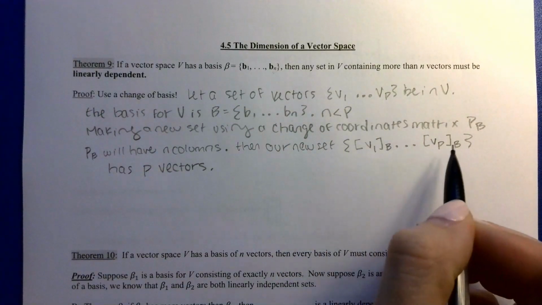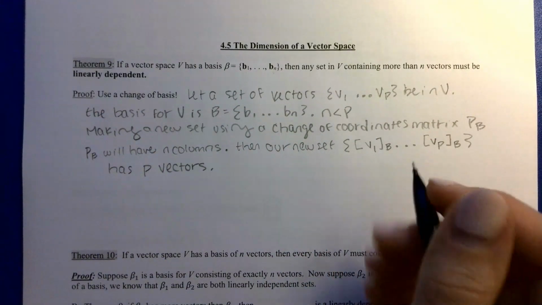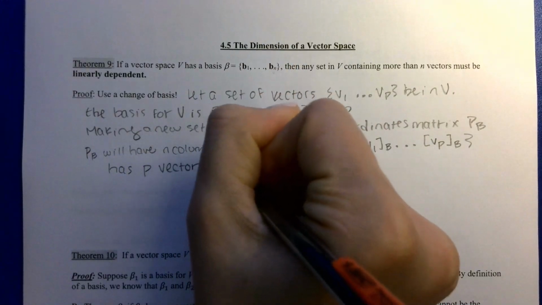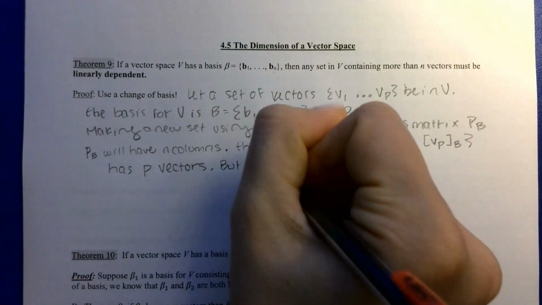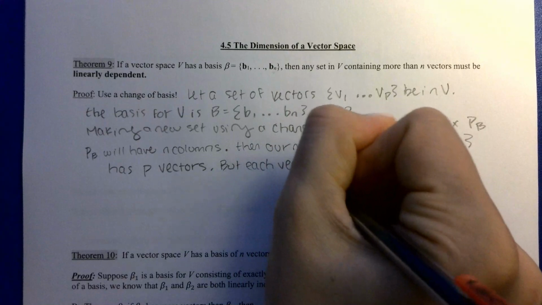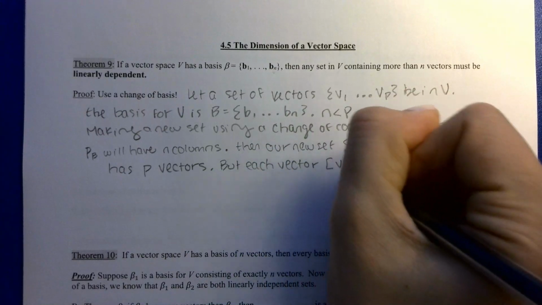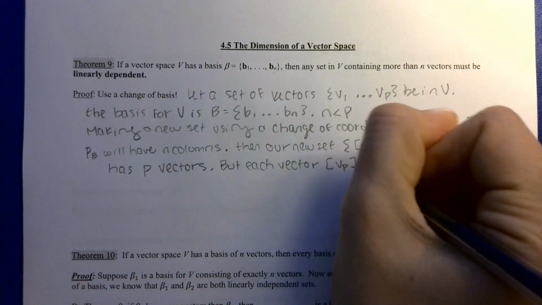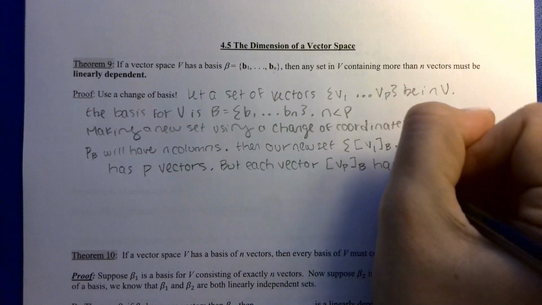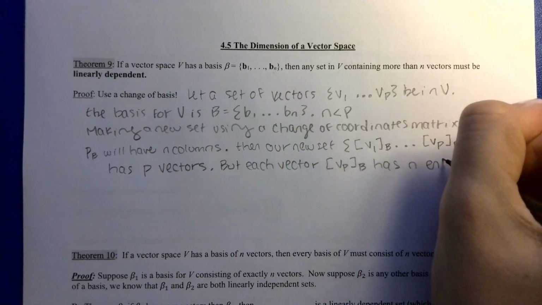So this has p vectors, but the important part is that each vector, vp with respect to basis B, has n entries.